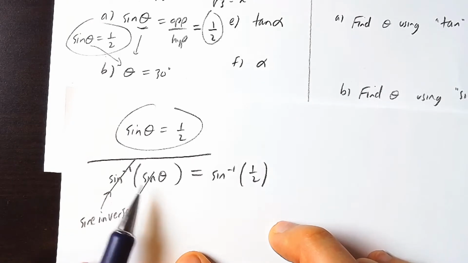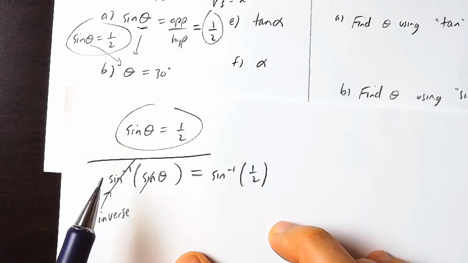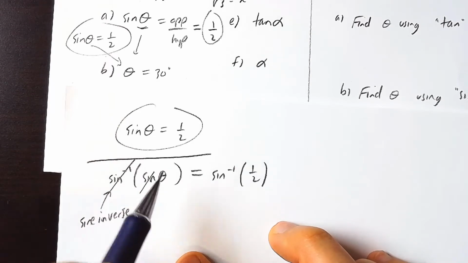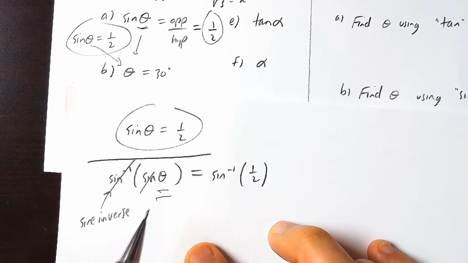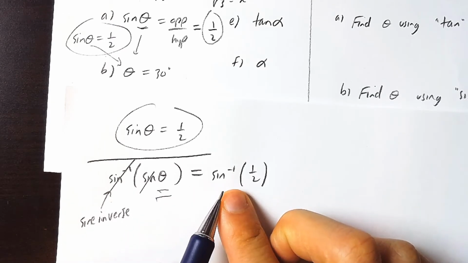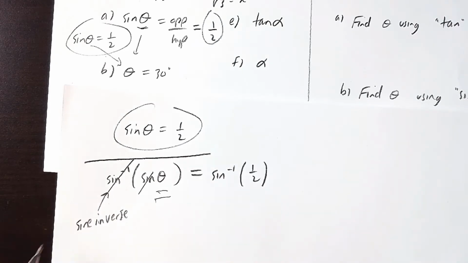Sine is like matter, and sine inverse is like antimatter. They cancel each other out. Sine is like hot, sine inverse is like cold. They cancel each other out, and we expose the magical egg, the golden egg theta. So you can see that we use our calculator to hit the sine inverse button, but really you can treat this like algebra.